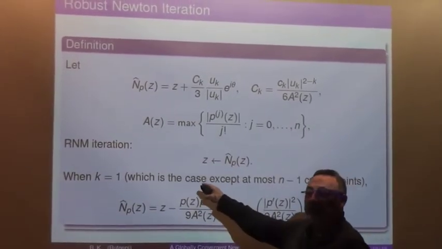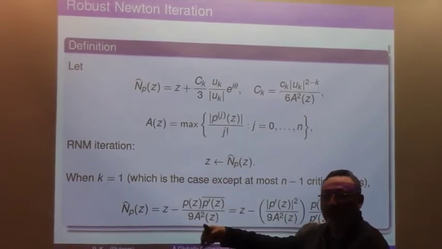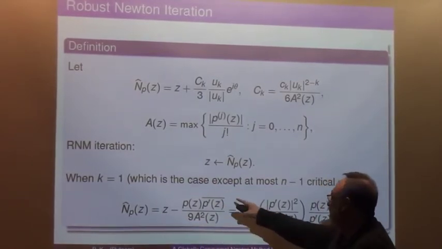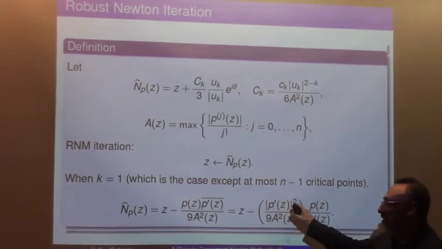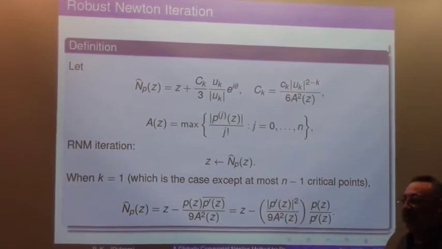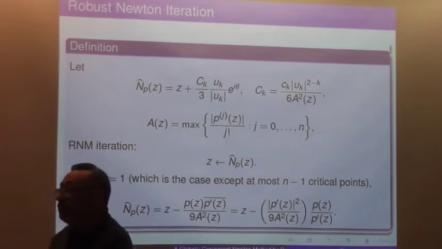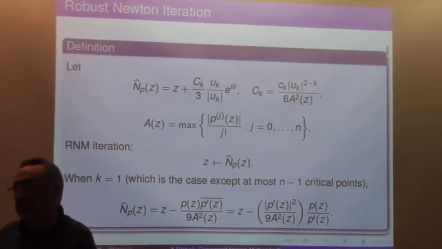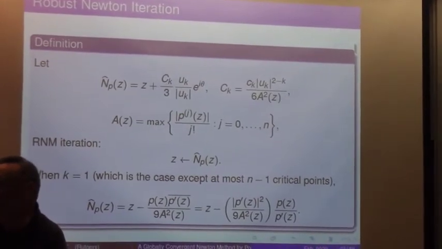When k is 1, which is most of the time, in other words, you want to have at most n minus 1 critical points, the iteration is almost like Newton's method, but it has this modification. So I make sure that when you take the typical Newton's method iterate, who knows, it could go up.